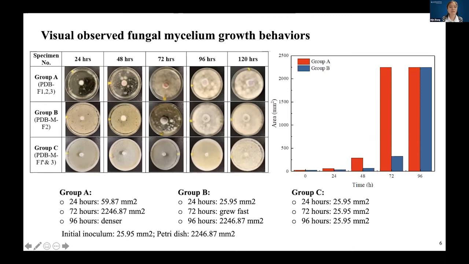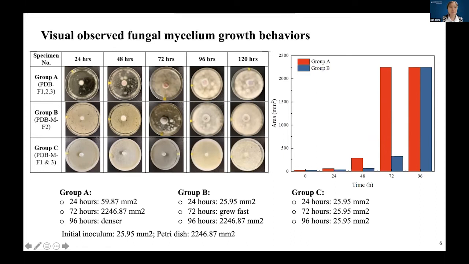Group C contains the PDB MF1 and 3. We can see that when the fungi grow on the pure nutrition, they germinate on the first day and then grow fast. They can cover the whole surface of the Petri dish after 72 hours.